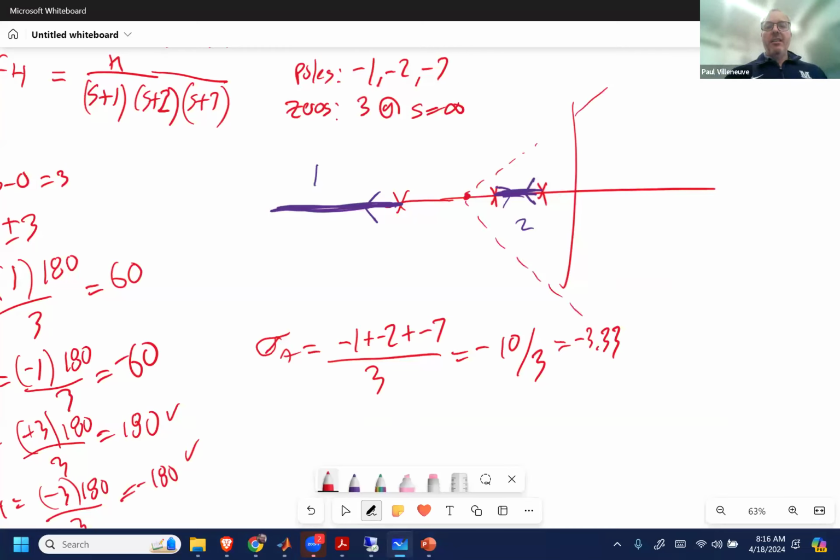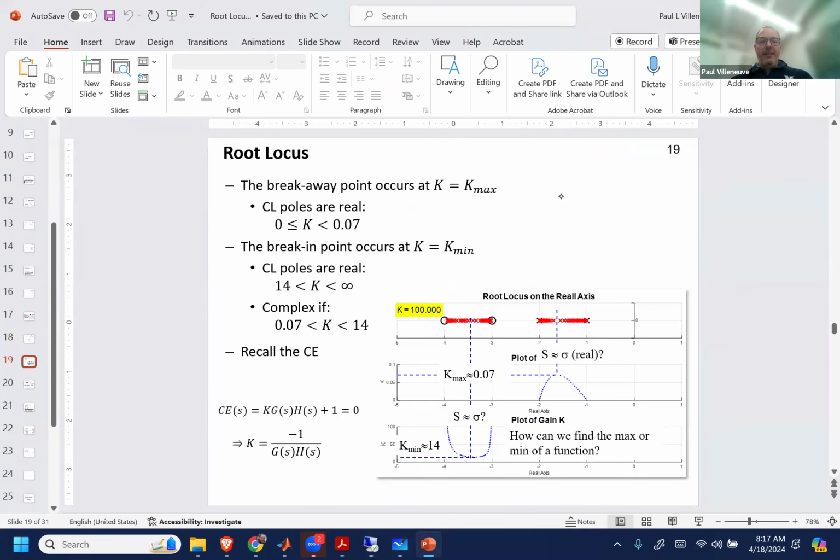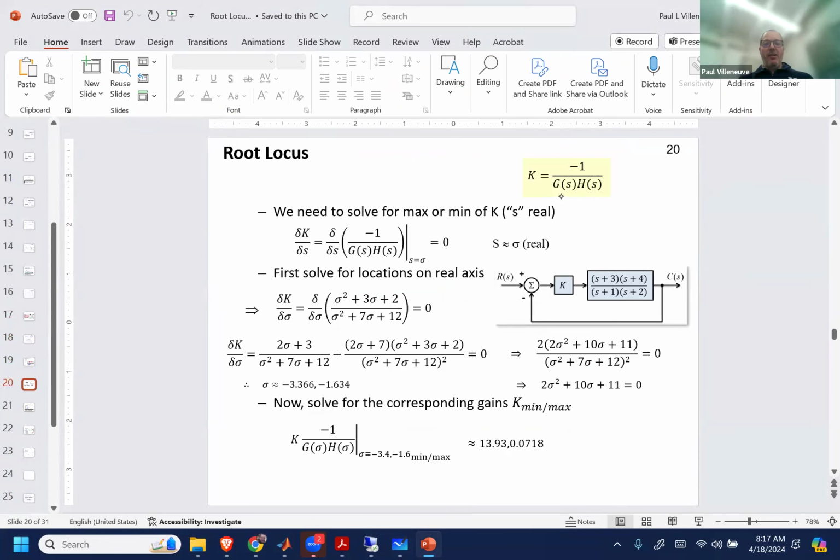And if you remember sigma sub b, even if you don't, let's see, where's the sigma sub b? All right, so we're going to take the partial derivative of k with respect to s, which means we take the partial derivative of -1 over gh.